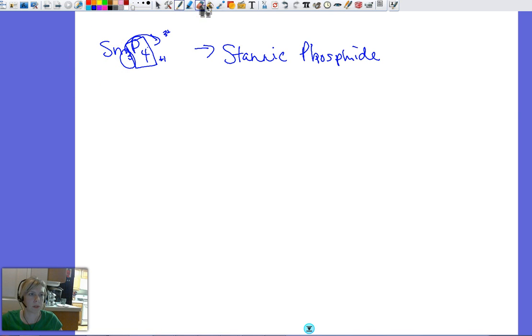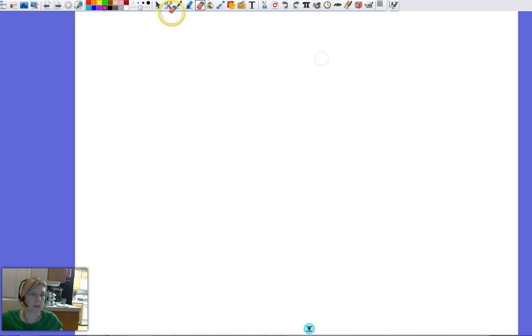Alright, so the next one we have, just ignore this, is going to be our Sn3P4. So when you look at Sn, and this must be the charge that was on the Sn because we have a choice between tin 2, which is stannous and is Sn plus 2, and tin 4, which is stannic and it's Sn plus 4.